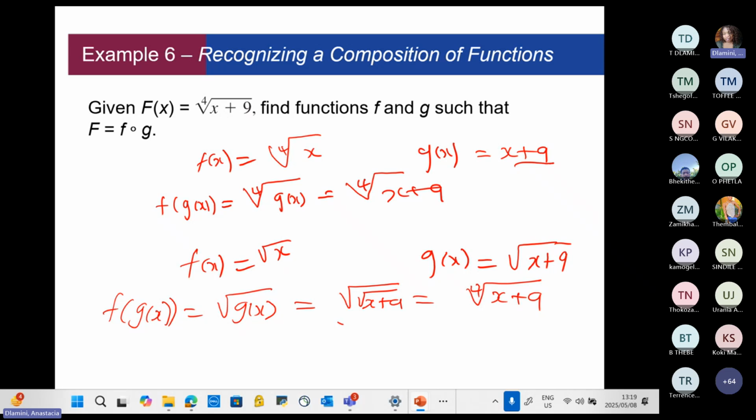Do you see that, guys? Another one is going to be f of x is equal to x to the exponent 1 over 4, and g of x is going to be x plus 9.